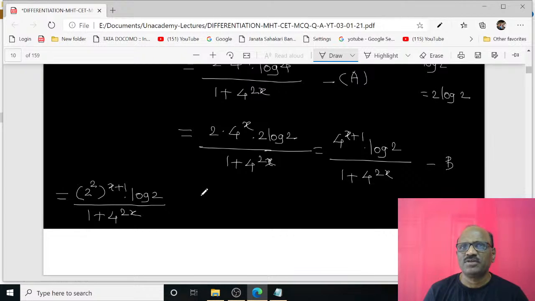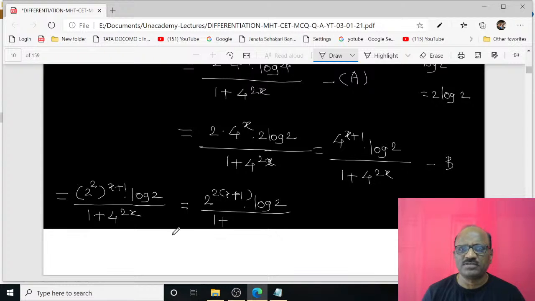Therefore here we will get 2 into the bracket x plus 1 into log of 2, divided by 1 plus.